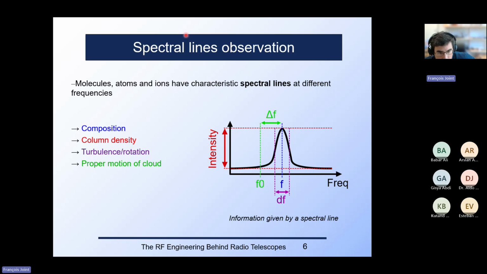Before I move on to hardware, I want to explain in more detail how to read a spectral line. A spectral line in the spectrum, as we've seen before, contains a lot of information. The most important information is, I would say, F0, the rest frequency, which identifies the species and the transition of the molecular line.